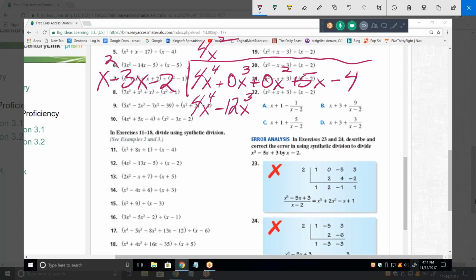Figure out your plus or minus first, your number second, and your variable third.